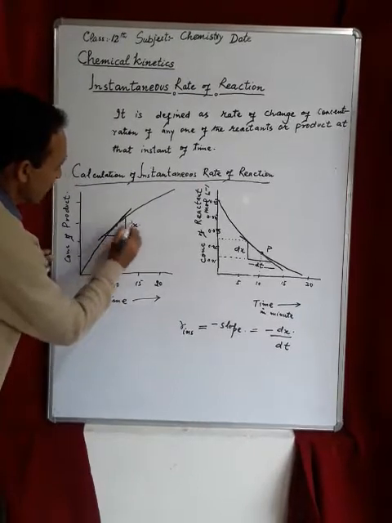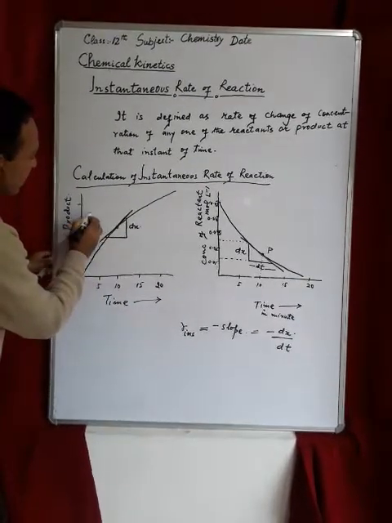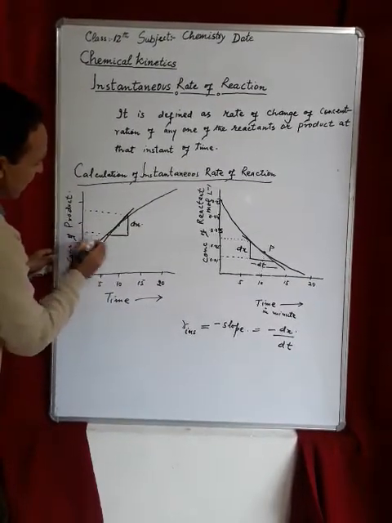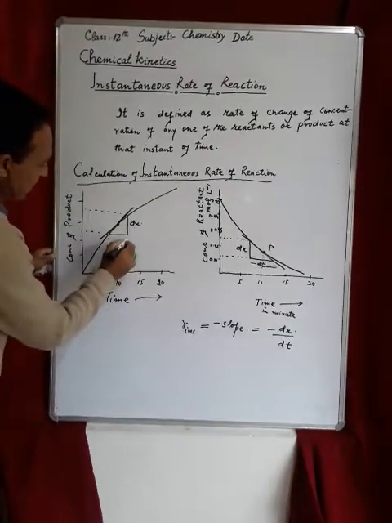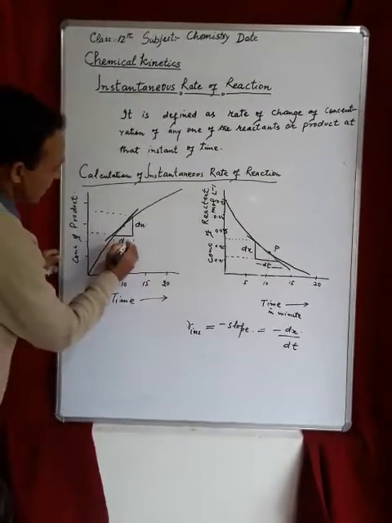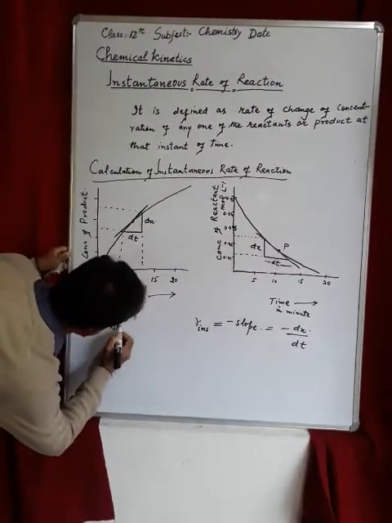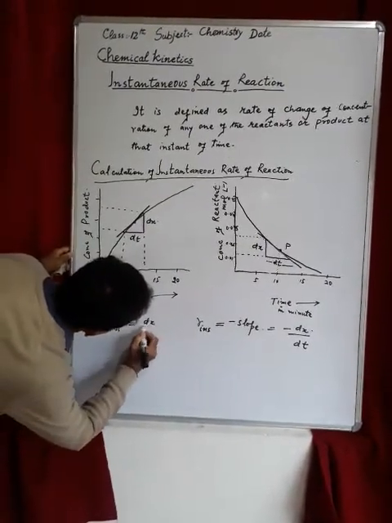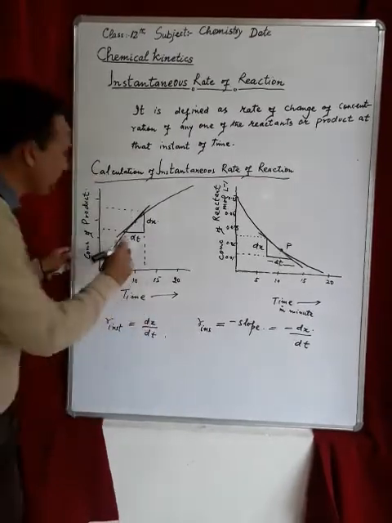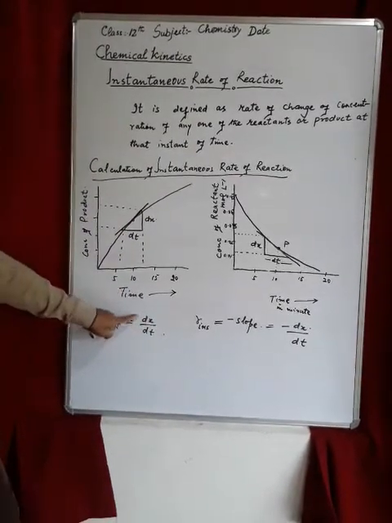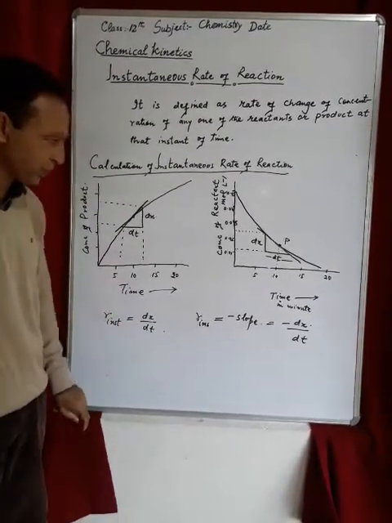This is dx, the concentration, and this is the time, dt. So here we write instantaneous rate is equal to dx by dt, because this is the product. Here we have to write this with a positive sign.